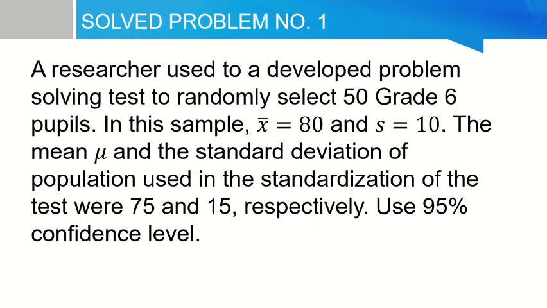In this example, your sample mean is 80 and your sample standard deviation is 10. The mean and the standard deviation of the population used in the standardization of the test were 75 and 15 respectively. Use 95% confidence level.